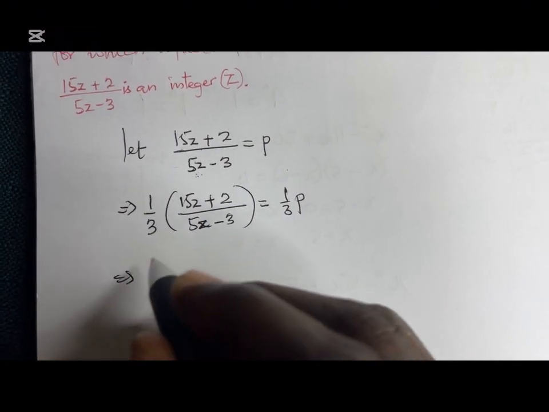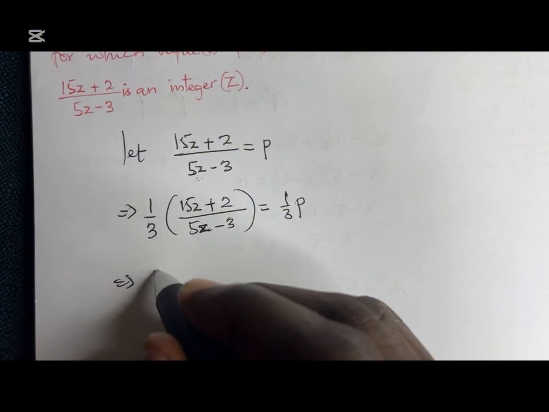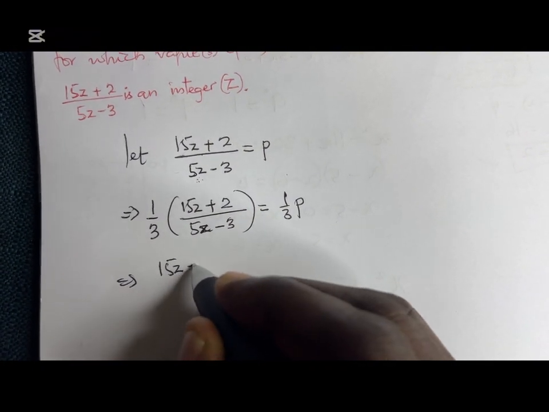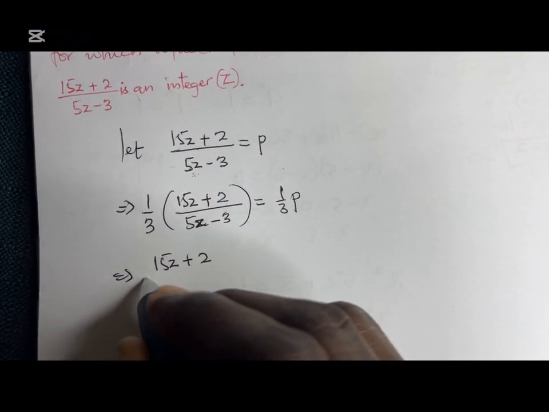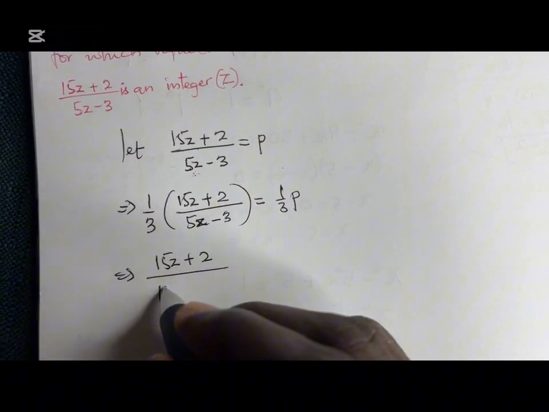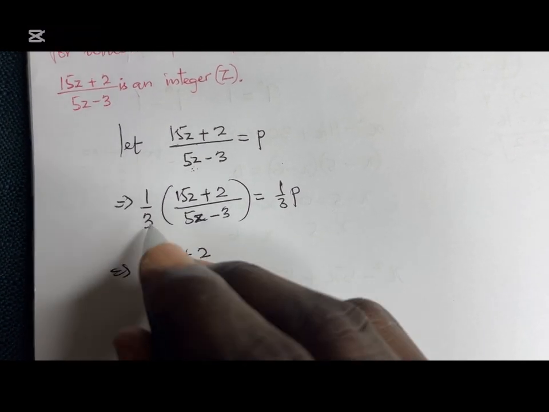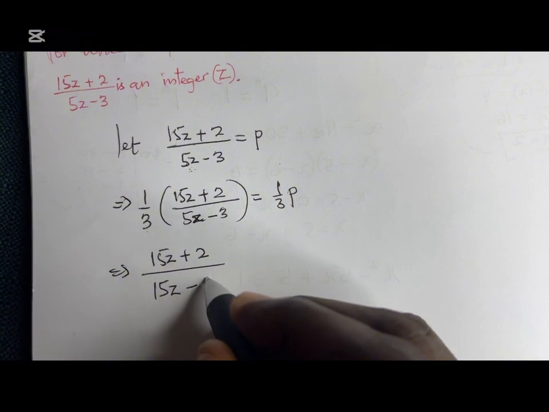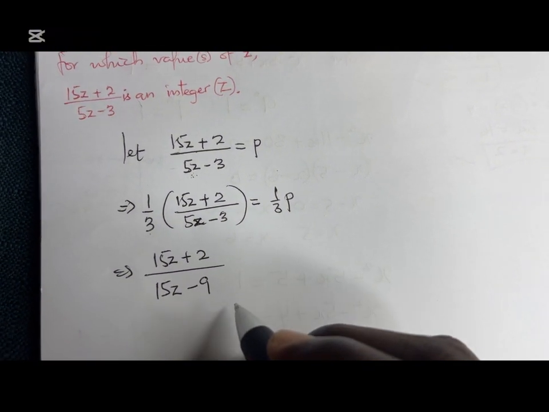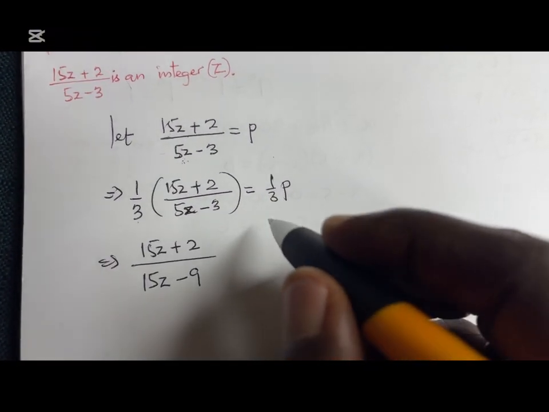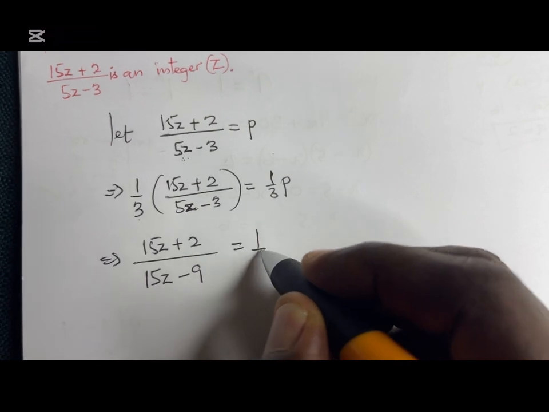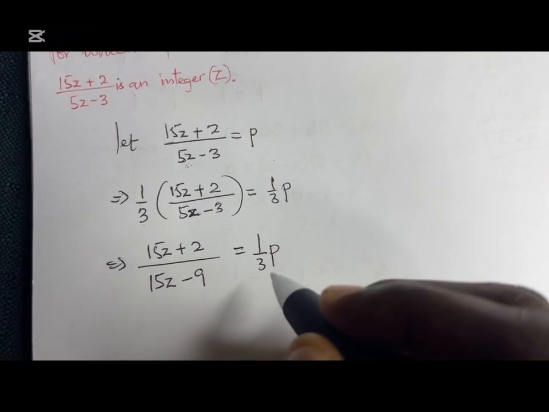Solving this, you have (15z + 2) over 15z, then 3 times 3, that will be 9, equals 1/3 of p.